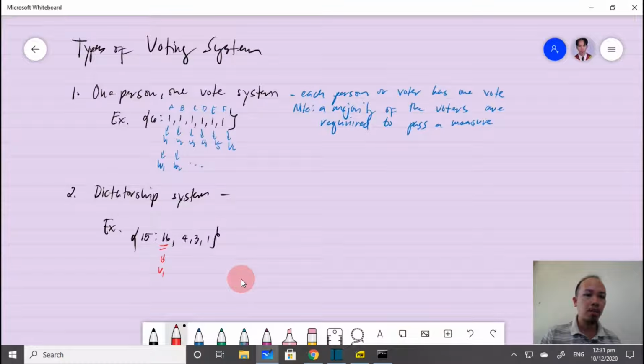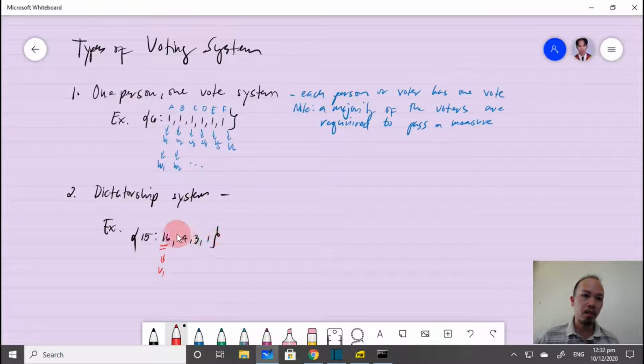Meaning, if the company decides to pass a measure, this voter can pass a measure without the other voters, without voters B, C, and D, or V2, V3, or V4. Even if these three voters are absent.